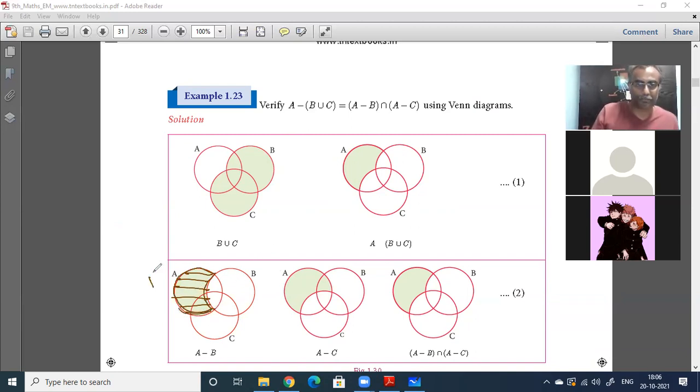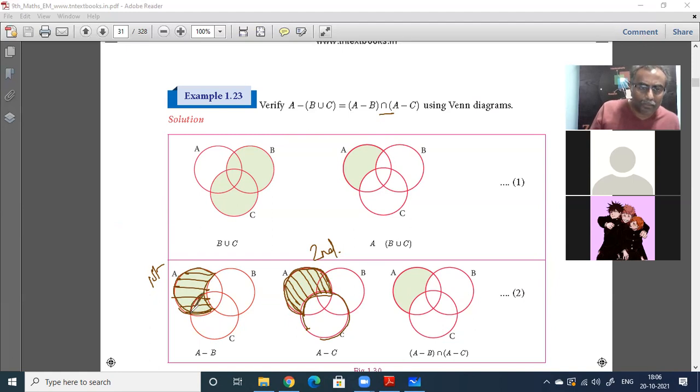That is first step. Then second step is A minus C. From A, you subtract all that is C. Take this off. Then what will be left? This will be left. This is second step. Now what you have to do? You have to do an intersection. What is common between these two?